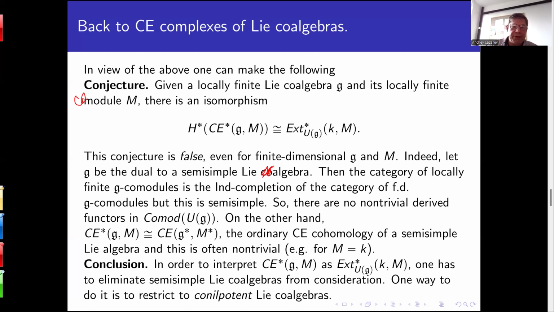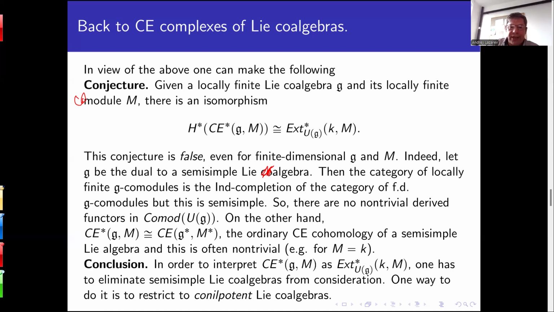There are no non-trivial derived functors in the category of comodules over UG. On the other hand, the Chevalley and Eilenberg cohomology of G is the same as the ordinary Chevalley and Eilenberg homology of the corresponding Lie algebra.